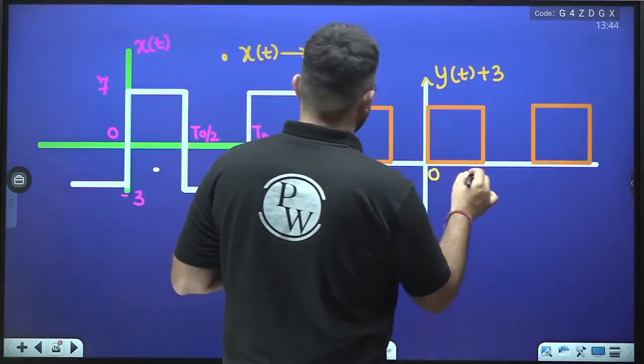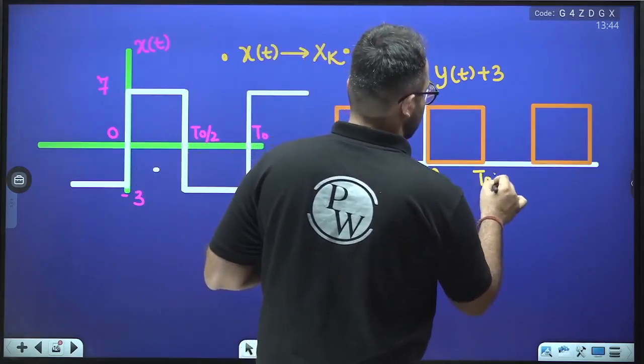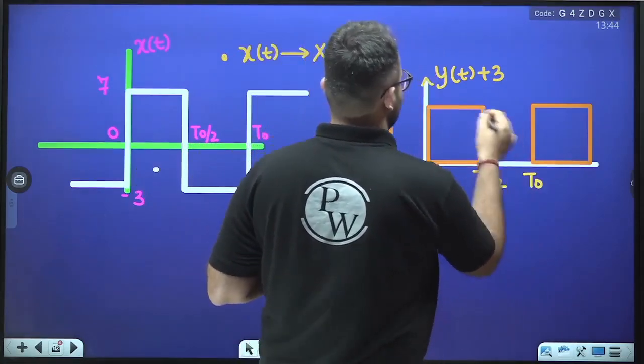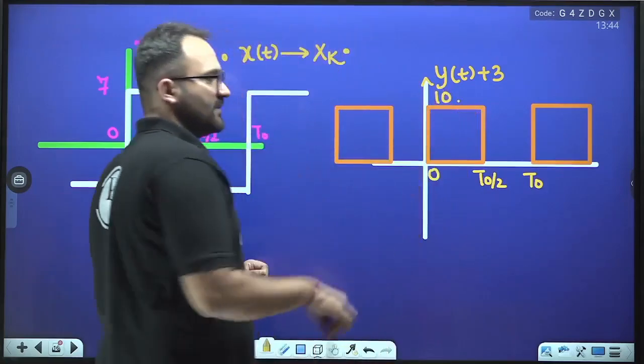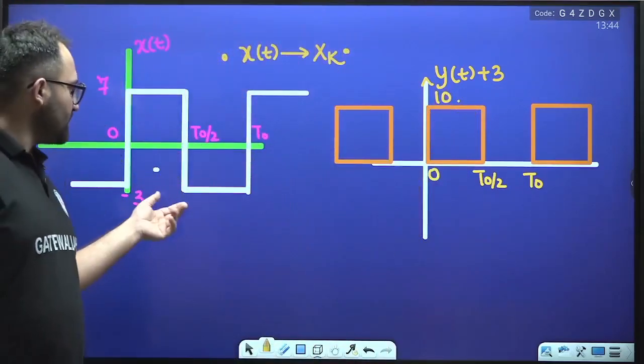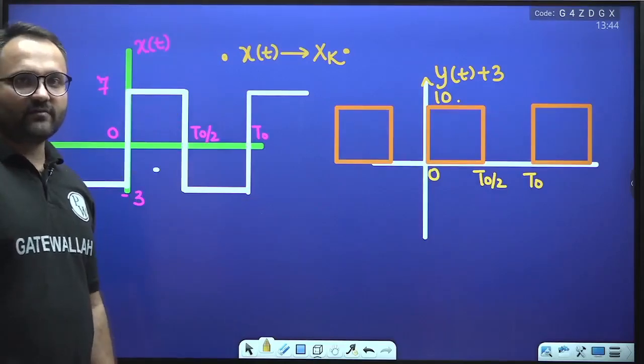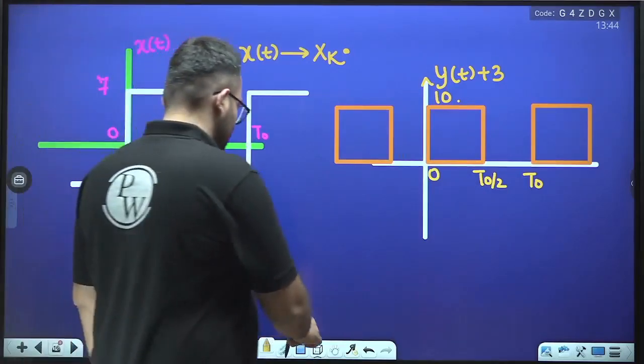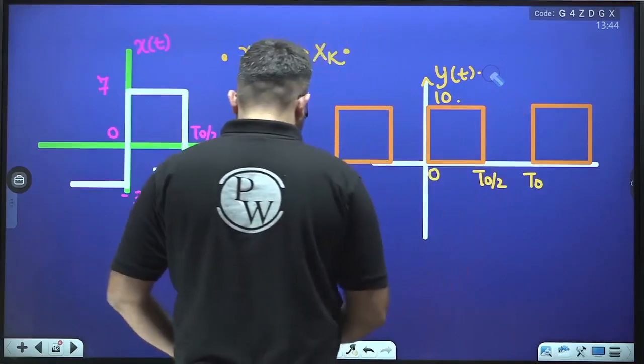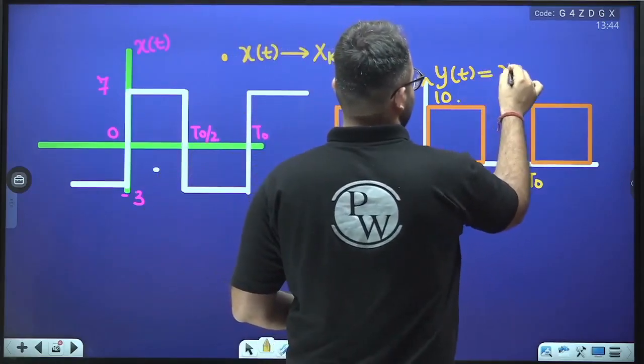So this is 0, t naught by 2, t naught, and so on. So height is 10 now. For yt equal to xt plus 3, height will be 10. Here it is minus 3, so it will become 0 there.